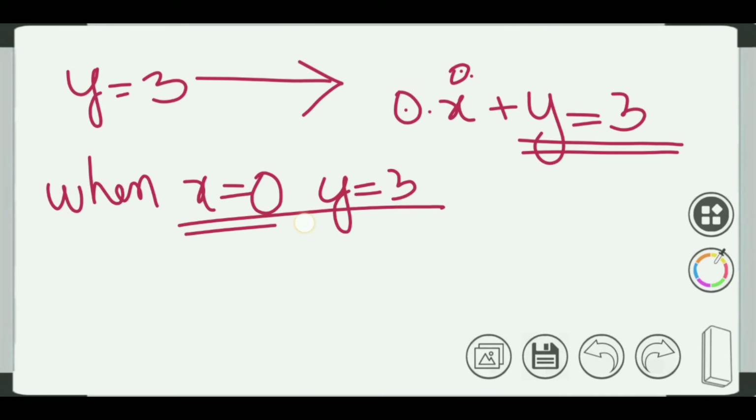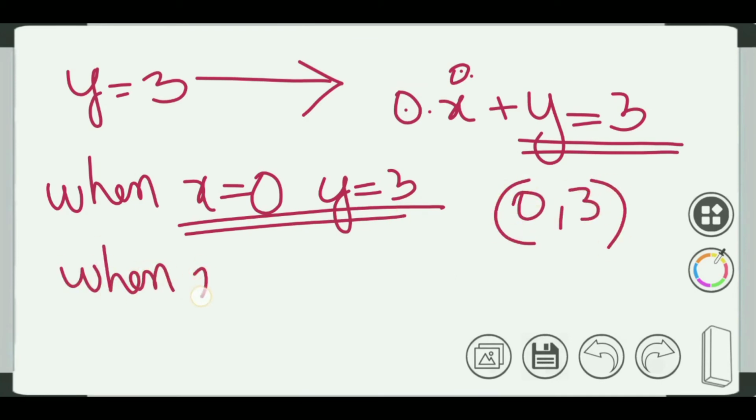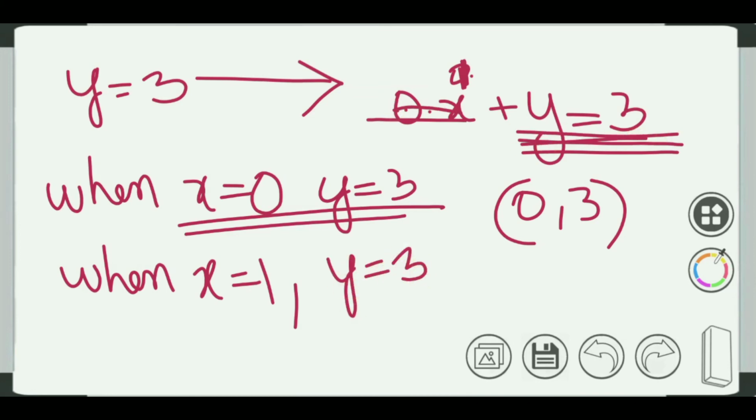This is your first point, 0, 3. Now, when x is equal to 1, what is the value of y? 1 into 0 is anyway 0, it got cancelled. y is equal to 3 again. So your next point is 1, 3. You got 2 points. You can plot them: 0, 3 and 1, 3. Okay.